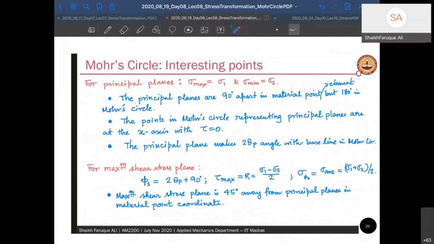The points in a Mohr circle that represent principal planes are on the x-axis, where tau is always 0. The principal planes make 2 theta p angle with the baseline, right? Baseline is the 0-degree line of the Mohr circle.